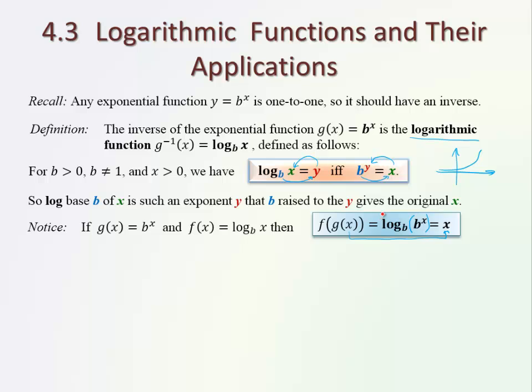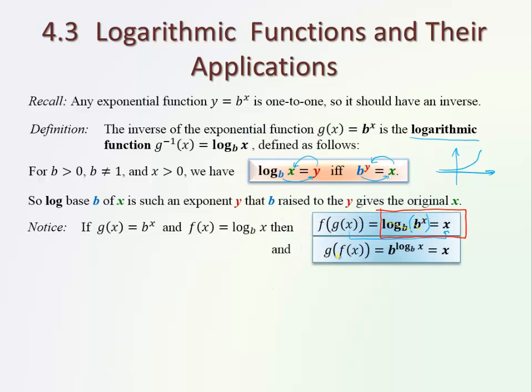Therefore, we end up with the first rule, that log with base b from b to the x is equal to x. You can think of it like log with base b cancels the exponential base b and leaves the x by itself. As long as we have the same base, these two functions annihilate each other, and we end up with just x.